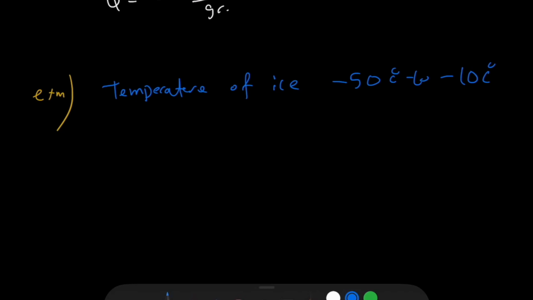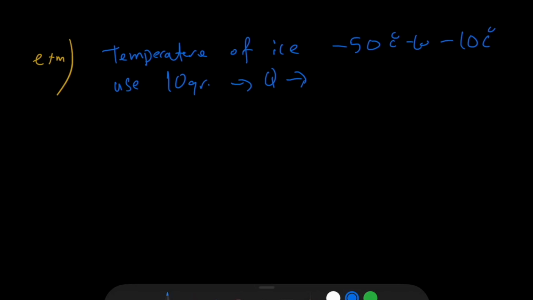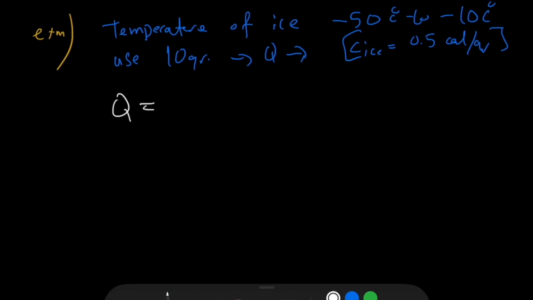For this purpose we use 10 gram of ice. How much heat do we need to give the ice? C ice is 0.5 calorie per gram. Okay, Q equals m c ice delta T. Again, delta T is T final minus T initial.